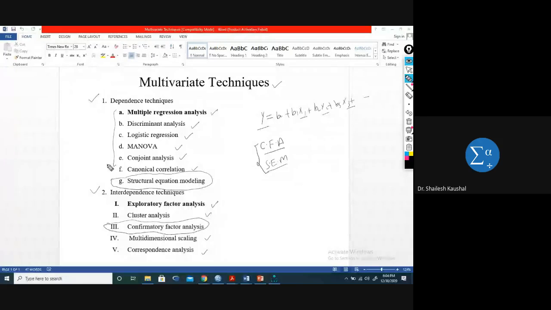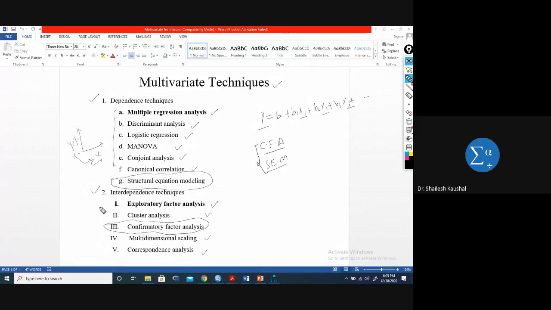Dependence technique means there is a relationship between the variables: if we change X, the outcome variable will change. So there is a dependence relationship between X and Y. In interdependence techniques, we do not look for any such relationship. These include exploratory factor analysis, cluster analysis, confirmatory factor analysis, multidimensional scaling, or correspondence analysis.